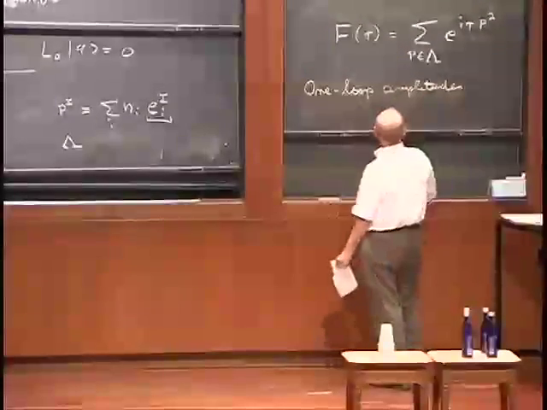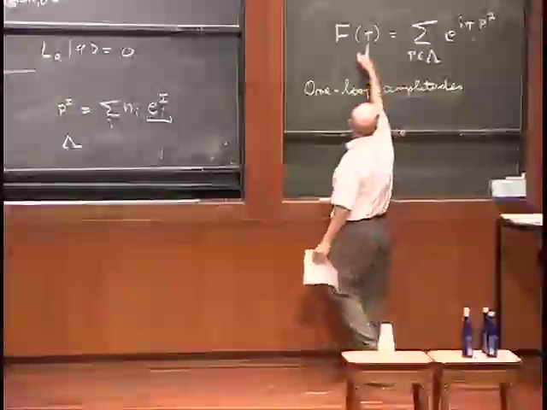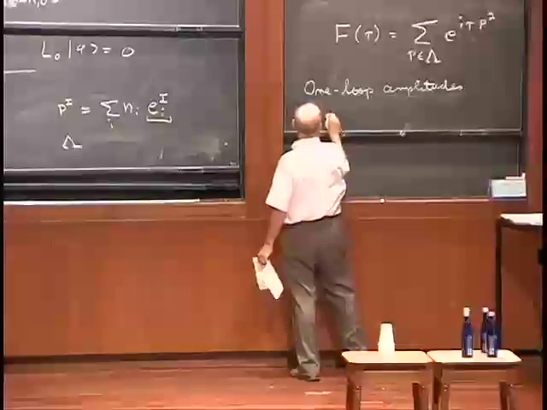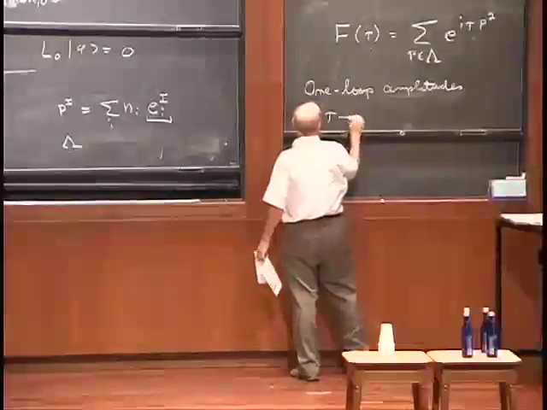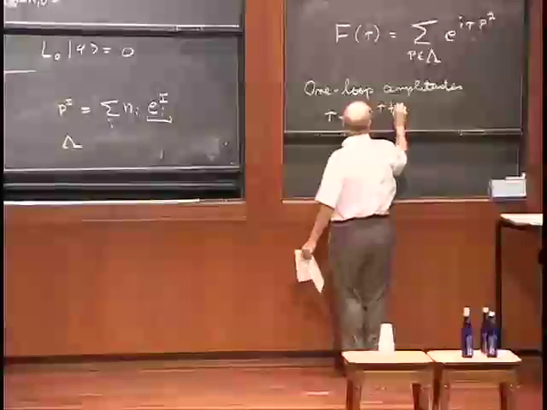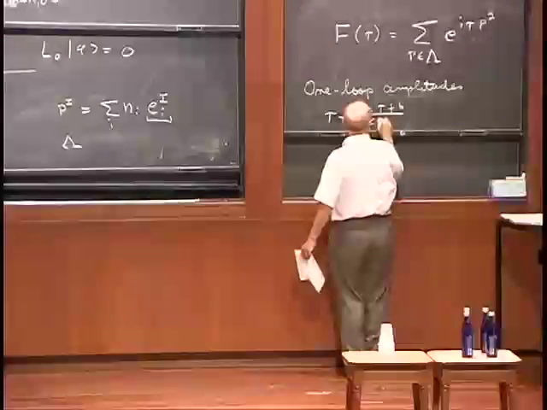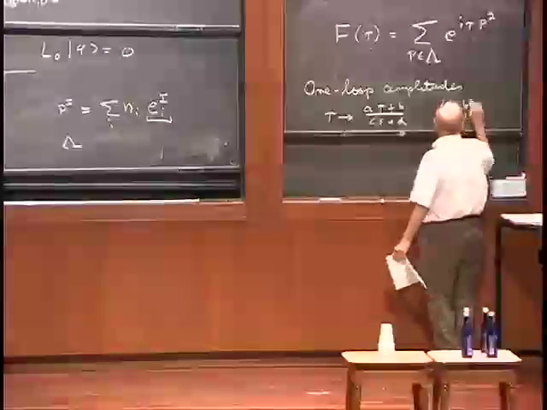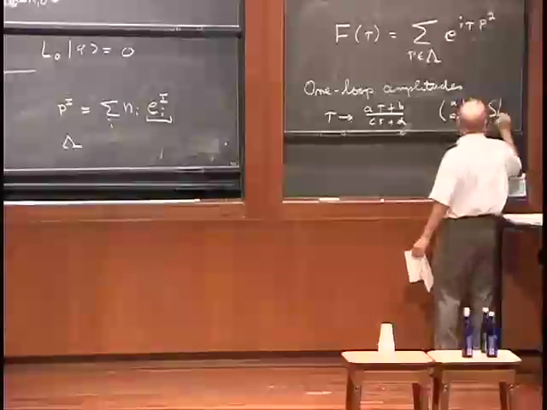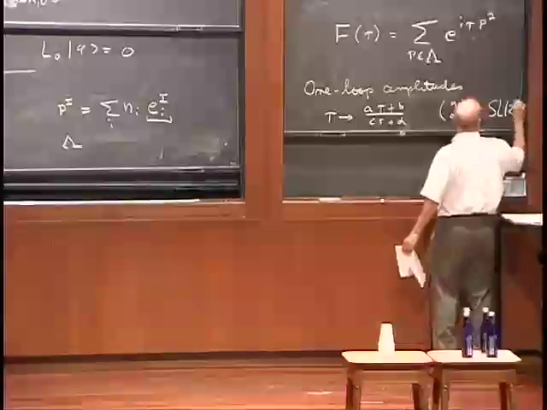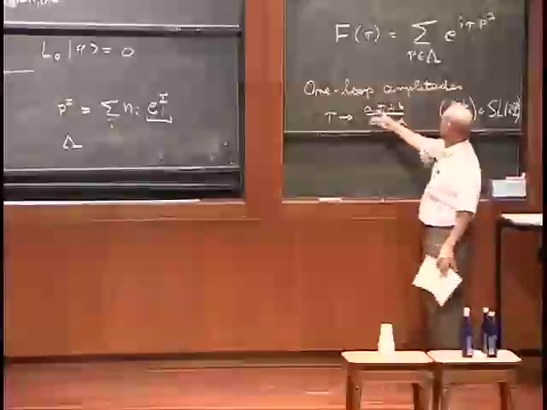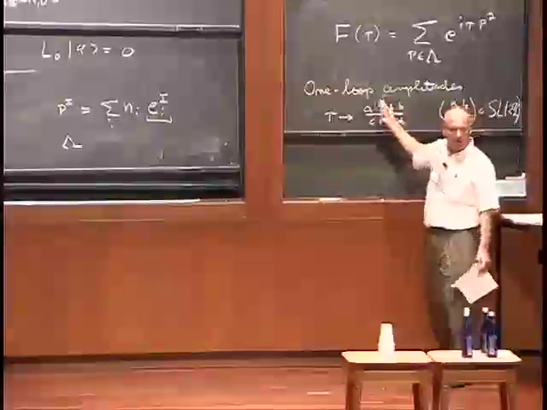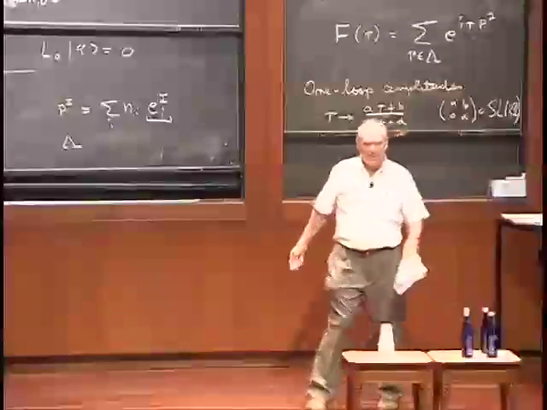And this modular invariance condition has to do with how this function transforms when we do an SL2Z transformation. Tau goes to (a tau plus b) over (c tau plus d). So a, b, c, d is a matrix belonging to SL2Z. In other words, a, b, c, d are integers, and the determinant is 1. ad minus bc is 1.